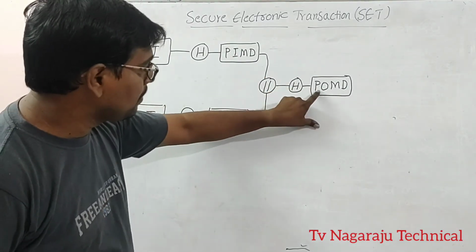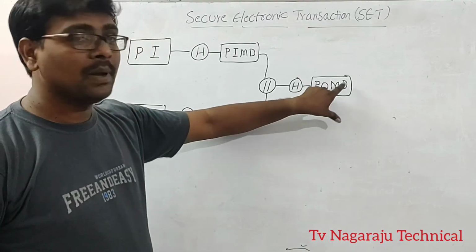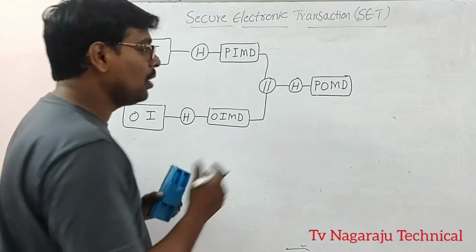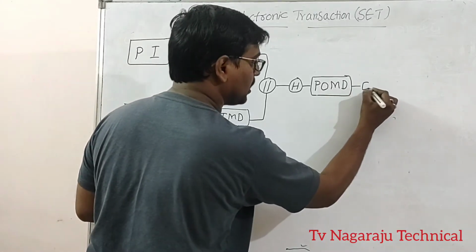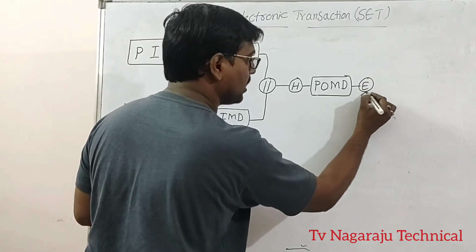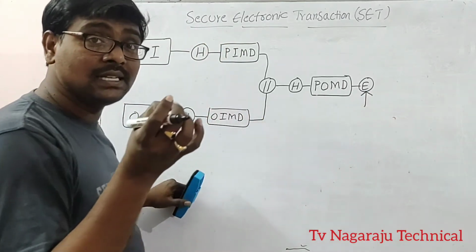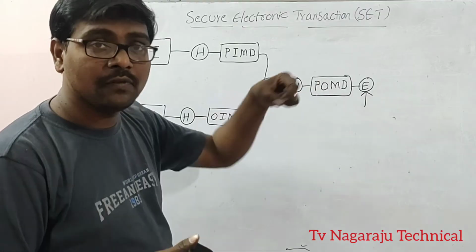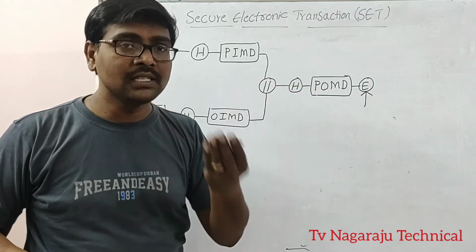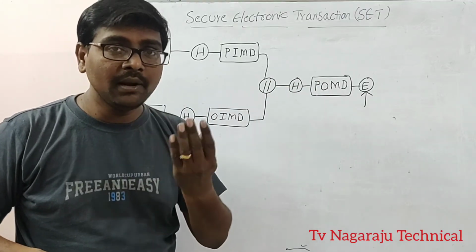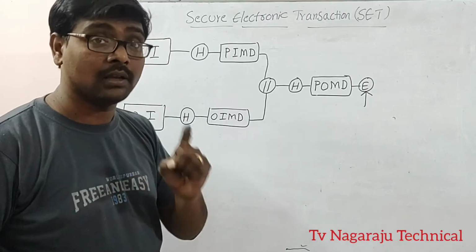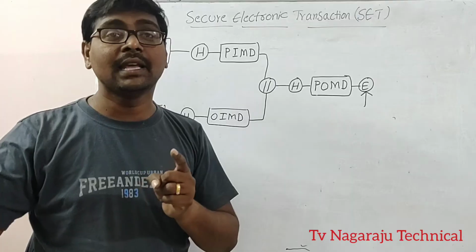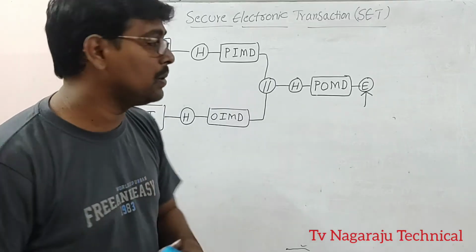After combining, this is generated. Okay. Now apply your encryption. Apply the encryption. Now this is the signature. Yes or no? The concept is generation of dual signature. In the signature, we encrypt by using the private key. Remember, encryption is done by using the private key. Decryption is done by using the public key.